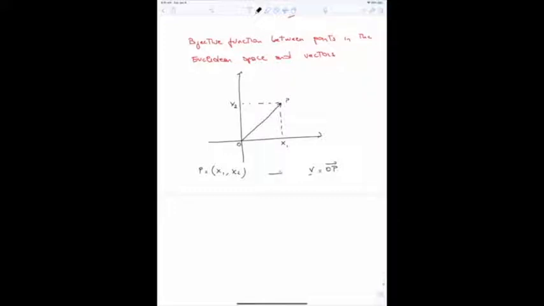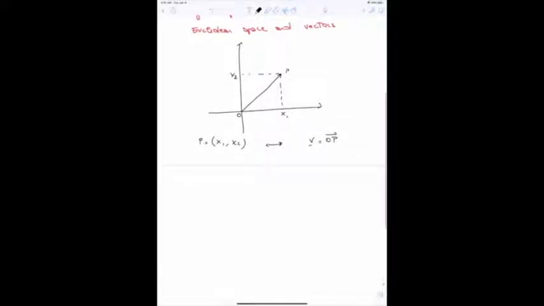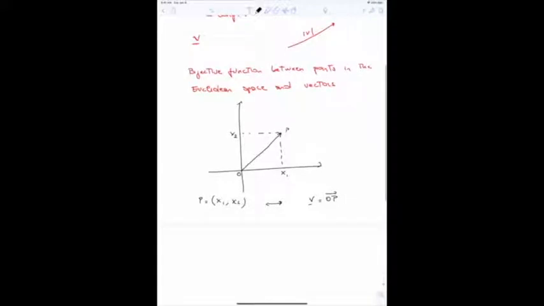And there is a bijective function that links the coordinate to the point to the vectors. This function is the coordinate function.